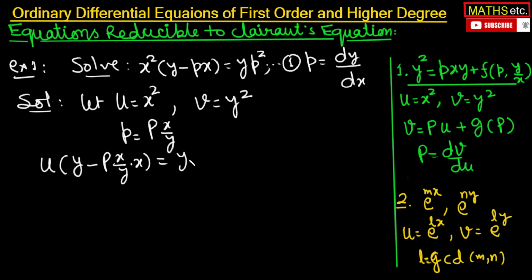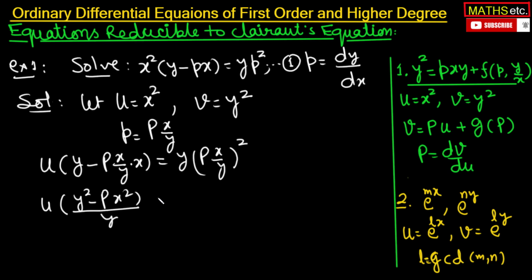This is equal to y, and in place of small p we write capital P x over y, so capital P x over y whole square. Now this one is u. Let us take the LCM here. Y multiplied here, this becomes y square minus capital P into x square, whole over y. This one is equal to y P square.